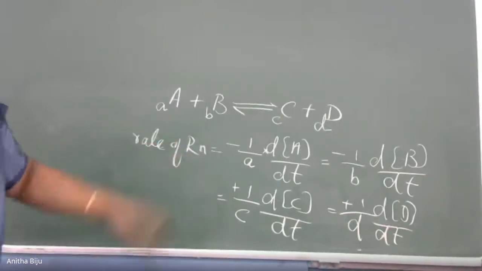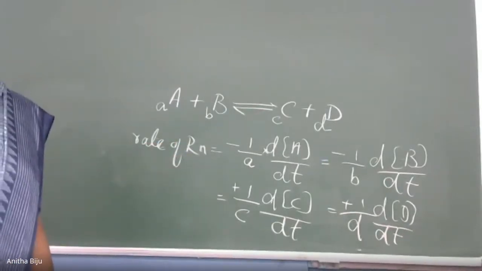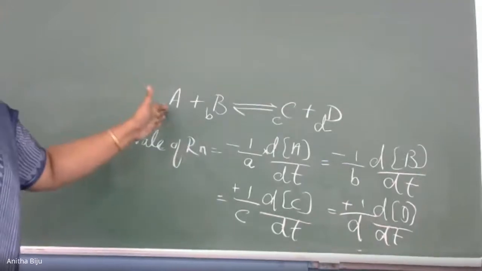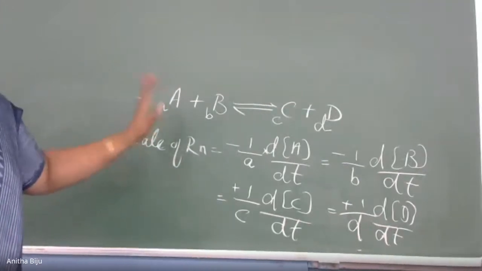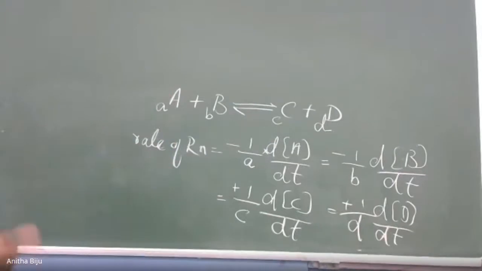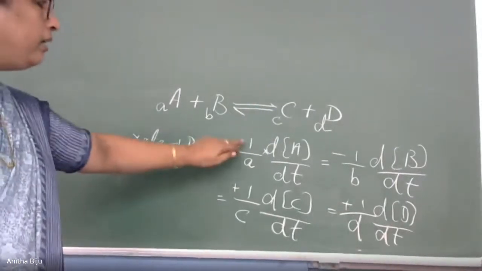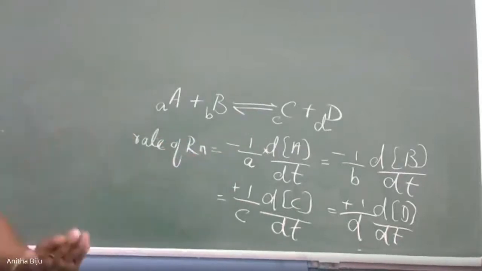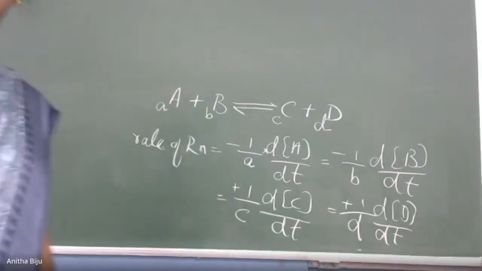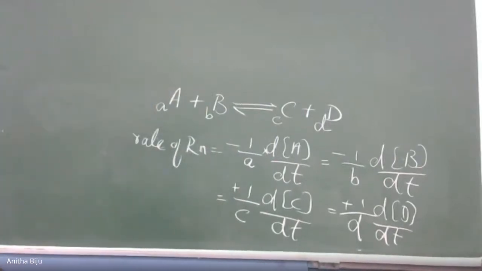These are the ways of expressing the rate of the reaction for this general expression. Here we are using the reciprocal of the coefficient related to reactant and product. We have seen the negative sign and positive sign in the previous segment also.